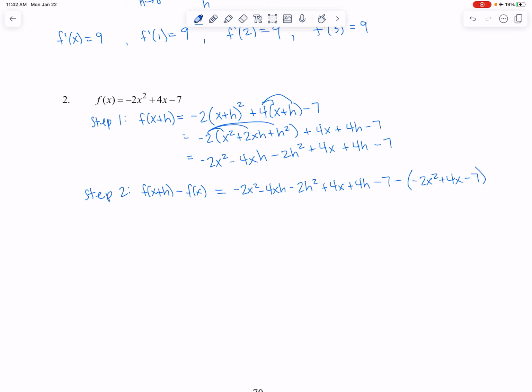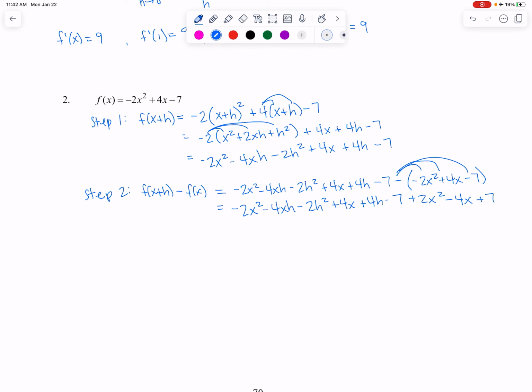Okay, like I did last time, I'm going to distribute the negative sign first. Negative 2x squared minus 4xh minus 2h squared plus 4x plus 4h minus 7 plus 2x squared minus 4x plus 7.